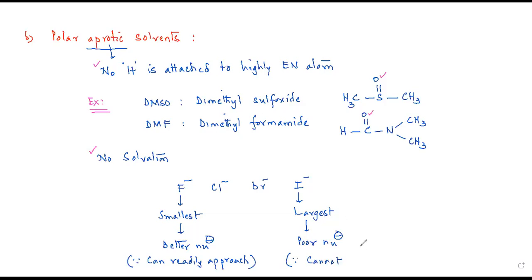Largest in size. Okay. So the order can be given as this. In the previous case, it was exactly opposite. Iodide was the best nucleophile in polar protic. Here it is the poor one.